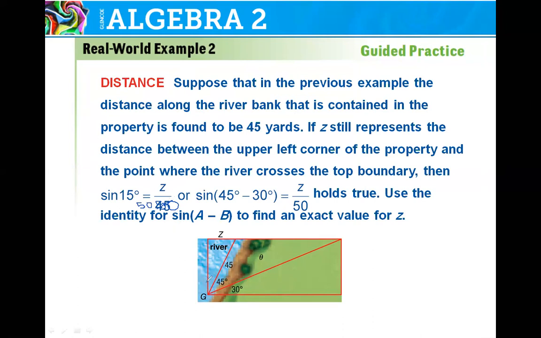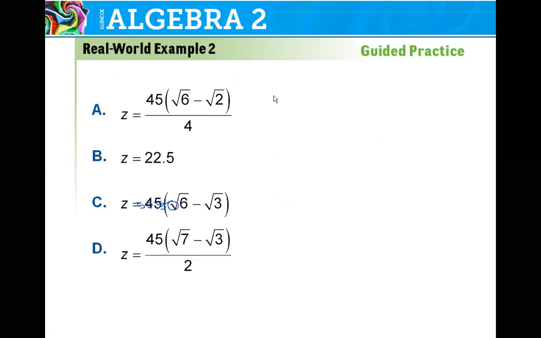Okay. We use the rule of sine 45 minus 30. Okay, so we start by writing the rule. So we have here sine 45 cosine 30, yes, it's minus.